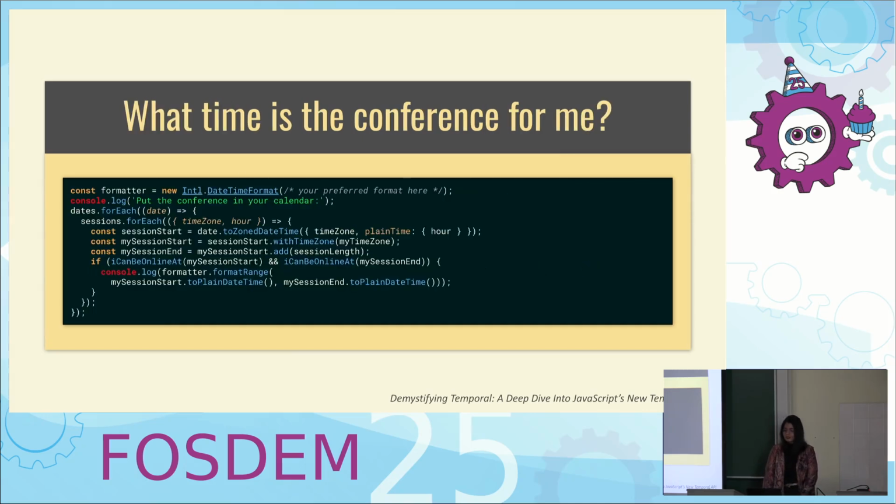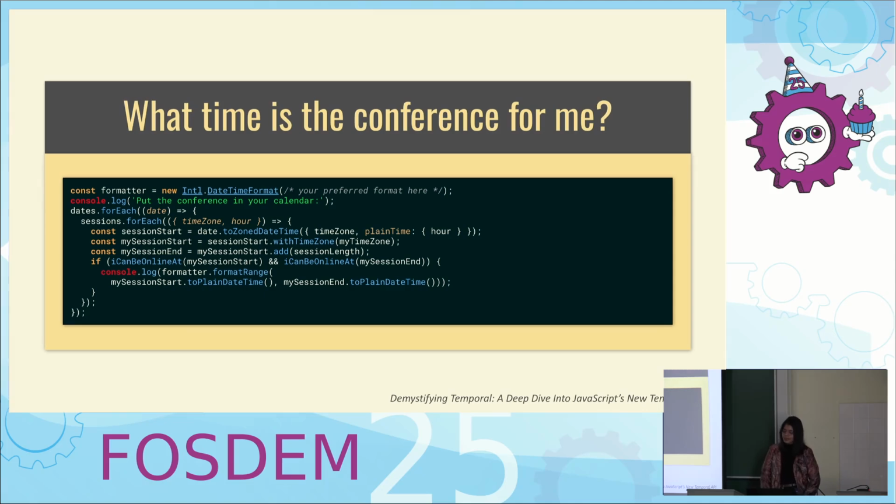Okay, so this is where the main calculation happens. We are looping through each date, that is the two dates that we had, the 23rd and the 30th, and for each session on each date, we create a zoned datetime object with the time zone that was provided, and use the plain time, which is the session start time, and that's how we get the session start in the time zone.